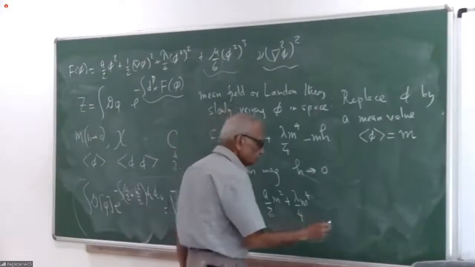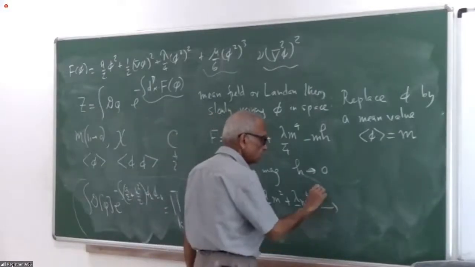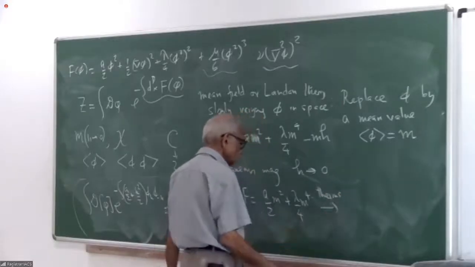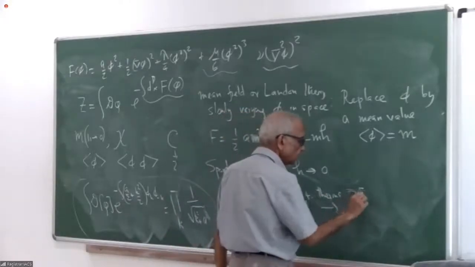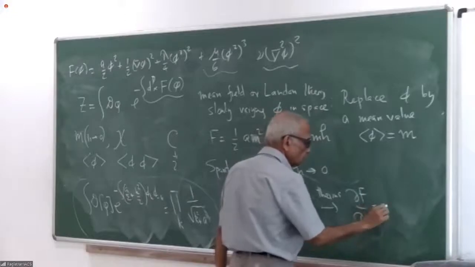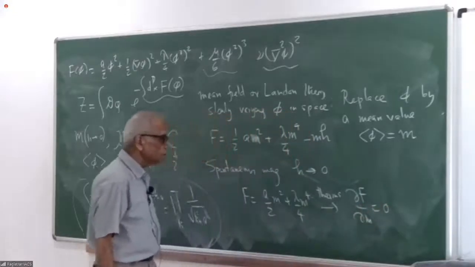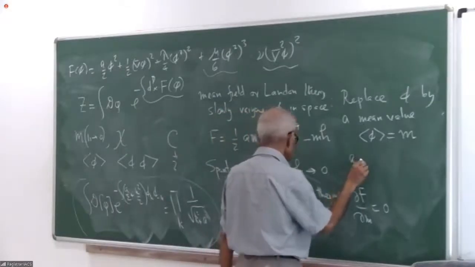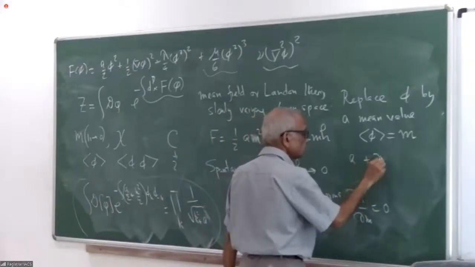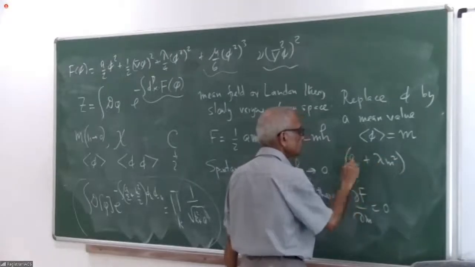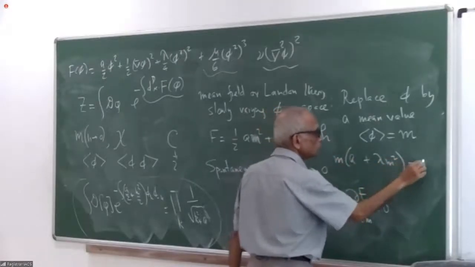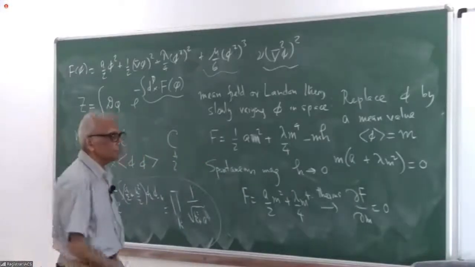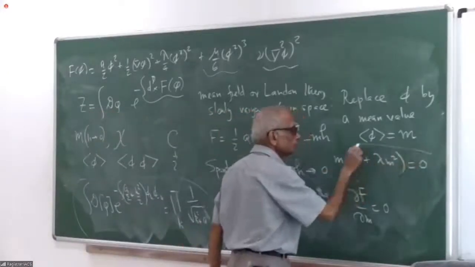So the thermodynamic state where the system settles is del F del M equal to 0, and therefore it is A plus lambda M square times M equal to 0. So that is where the system is going to settle.